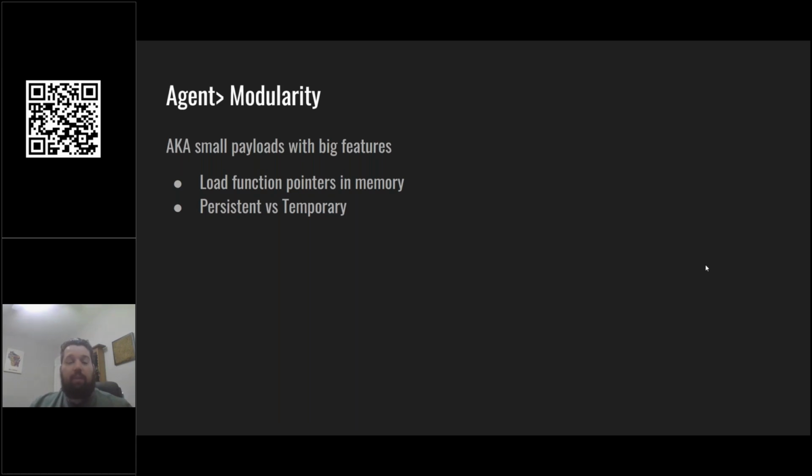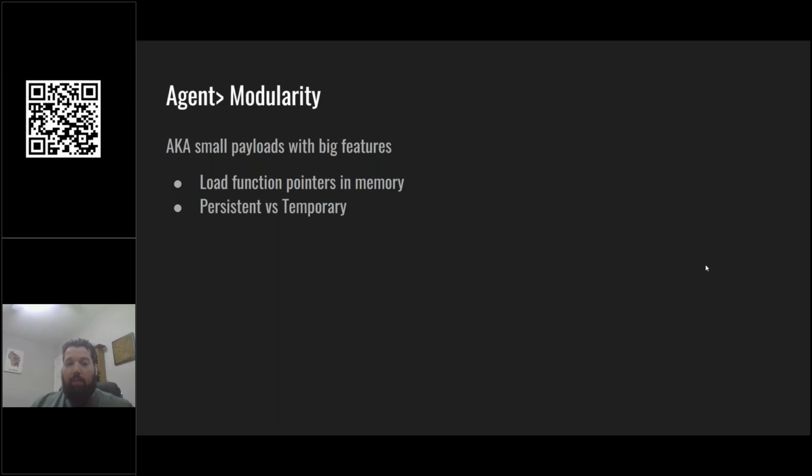So a module is going to be a compiled, self-contained container of functionality, essentially. On Windows, a lot of times it's a DLL. On Linux, it could be a shared object file. But essentially what happens is you send this module over the net, and then your agent loads it into its own memory space and has access to those functions. The reason you want to do this is similar to the reason you want to use staging.